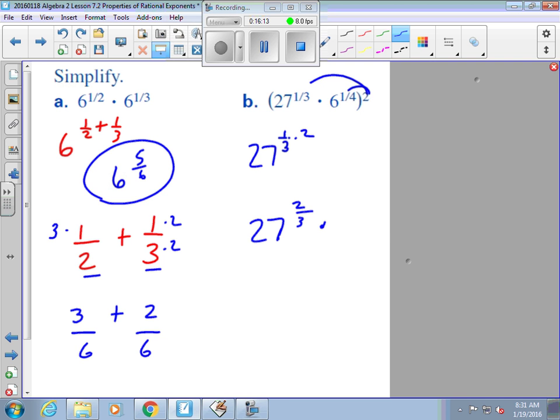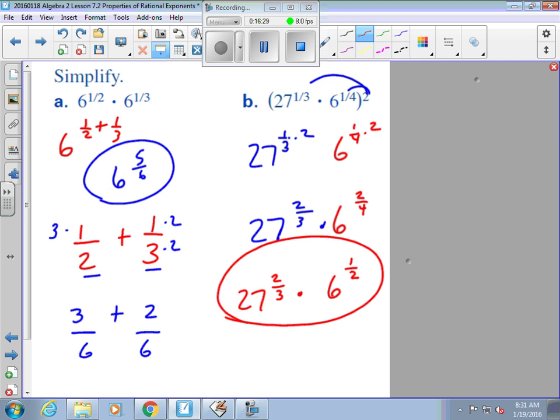Times 6 to the 1/4 times 2: straight across, 2 times 1 is 2 over 4. That simplifies to 6 to the 1 over 2. So you have 27 to the 2/3 times 6 to the 1/2. And again, we can rewrite that in radical terms if we had to. We will continue the rest of this lesson tomorrow.